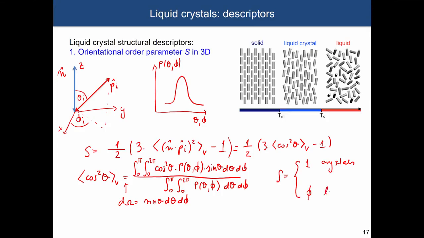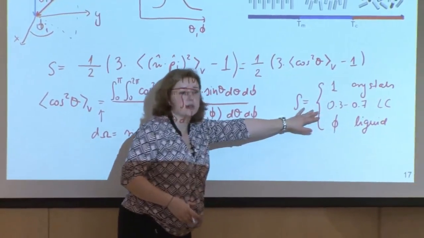It will be 0, like in the 2-dimensional case, for liquids. And for most liquid crystalline materials it is typically between 0.3 and 0.7. But again, anything in between, in principle, can be called a liquid crystalline material. It happens to be that for many of them, it's in this range of values.